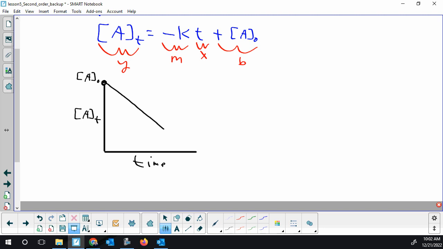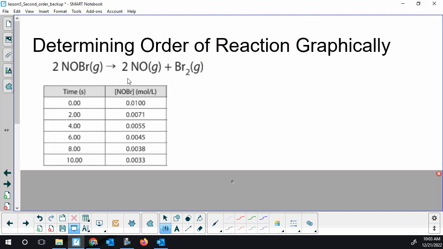So that's really the end of kinetics, first order, second order, third order. We're going to look at determining the order graphically. So we have some information, we have a reaction, we have some data, and I didn't write out the question, but it's kind of in the heading. We want to determine the order graphically.